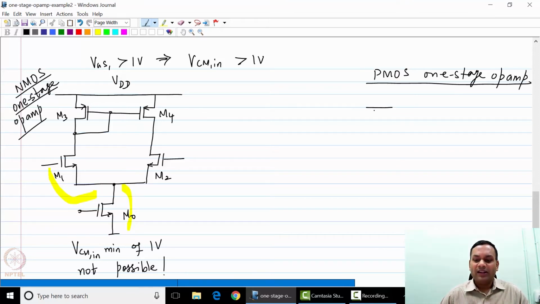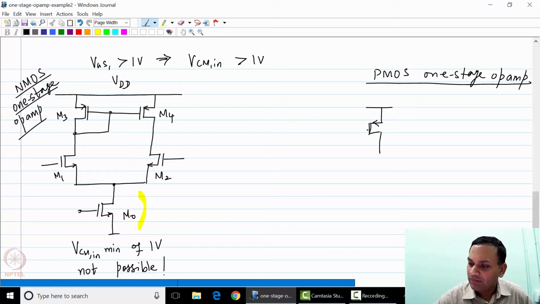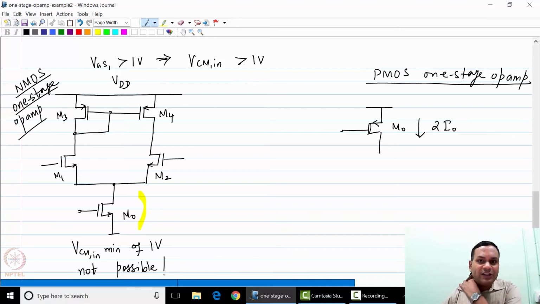In the case of the NMOS op amp, you had a transistor M0 that acted as the current source. So now you need a PMOS transistor M0 that would act as a current source, pumping current of 2I0 into the differential pair.